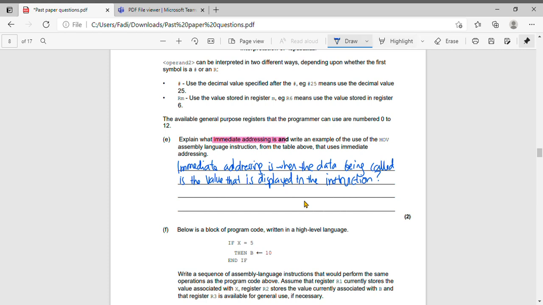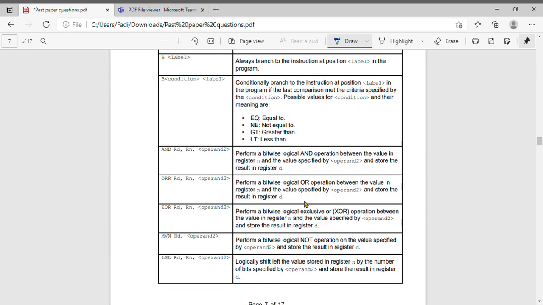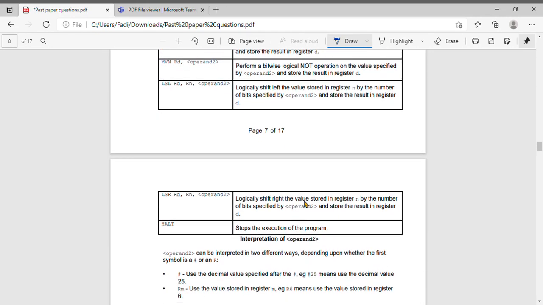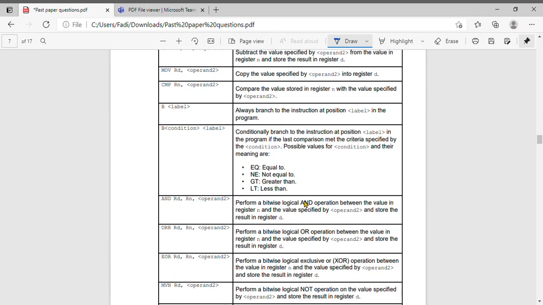Okay. And next part is write an example of the use of the move assembly function instruction from the table above that uses immediate addressing. So that's pretty simple. Let's open the move address bit, trying to find it here.